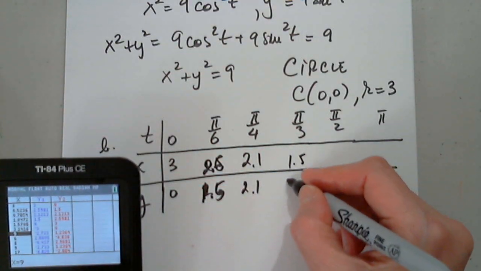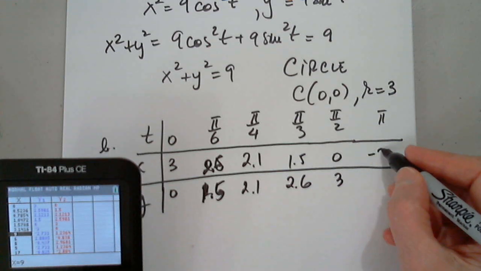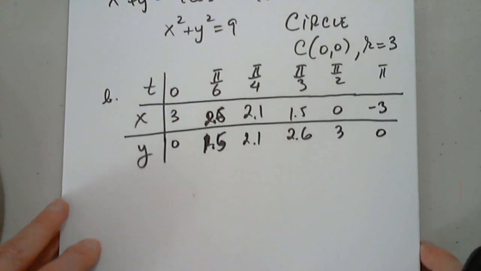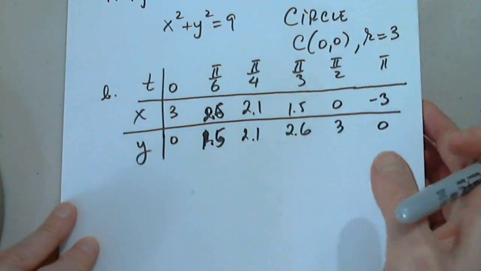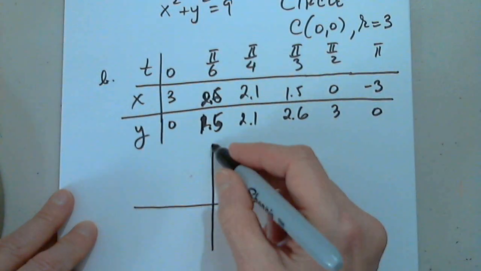Then 1.5 and 2.6. Then 0 and 3, and negative 3 and 0. Perfect. So let's graph this, which we know what it is anyway, but we have to graph according to the given parameter.